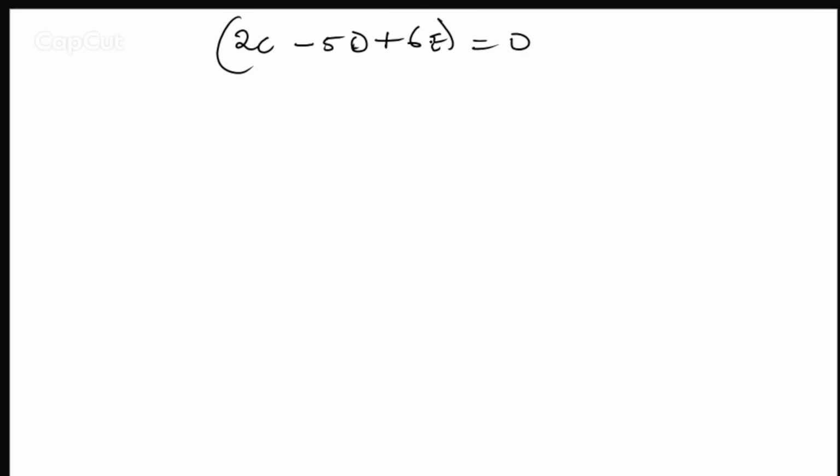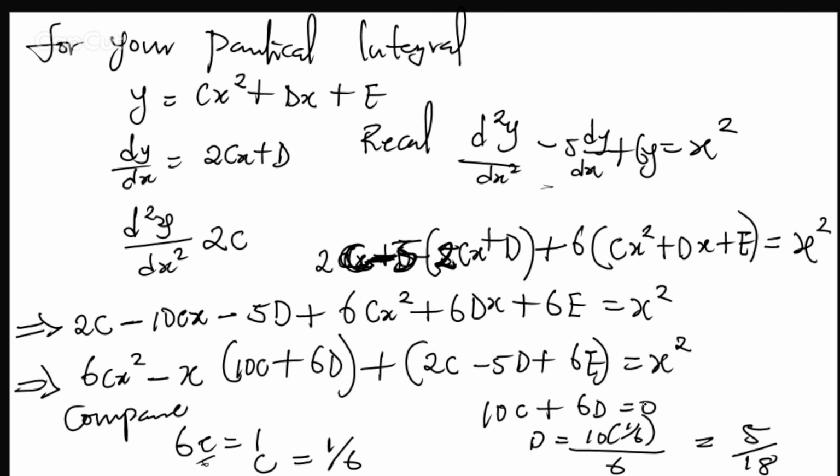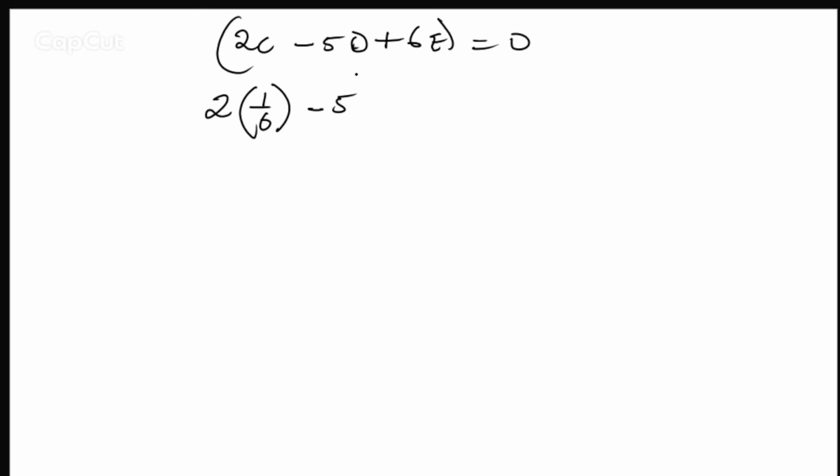Our interest is to get what e is, so all other values will be crossing the equality sign to the other side. Or better still, we can represent this as 2 into c, which is 1/6, minus 5 into d. Remember, we calculated d to be 5/18. So we have d here to be what?